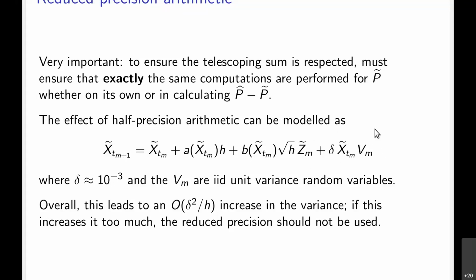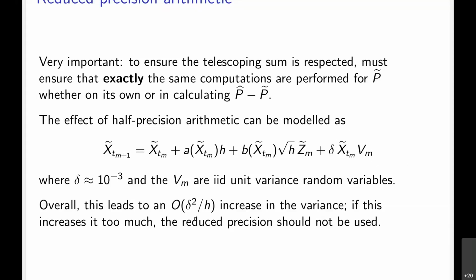And these are additional random variables VM, in that sometimes your half precision rounding errors will round up, sometimes they'll round down. And so this random variable is reflecting the fact that on average, you have zero rounding error. Sometimes it's positive, sometimes it's negative.